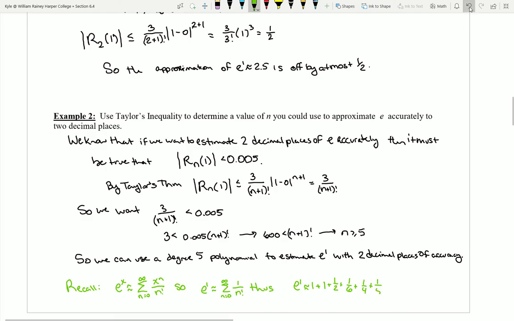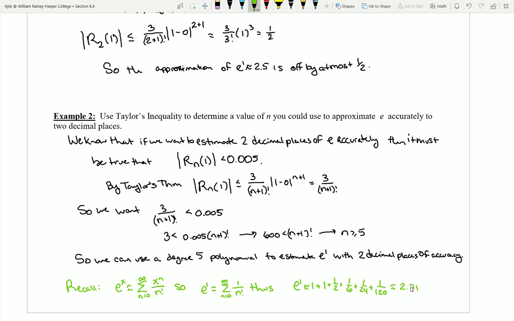Oops, except I stopped writing the factorials. 4 factorial is supposed to be 24, and 5 factorial is 120. I believe that if you were to add all of these values together, you would get something that is roughly 2.71, which is exactly what e is to 2 decimal places.